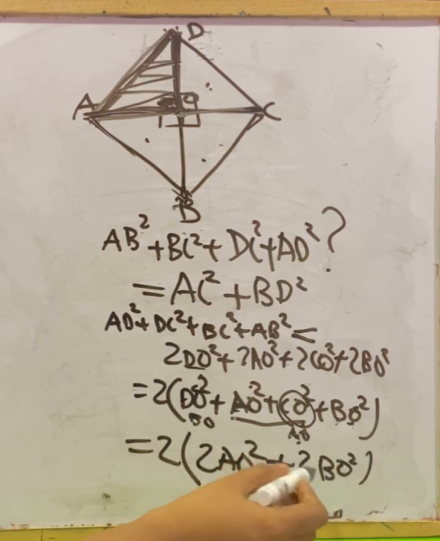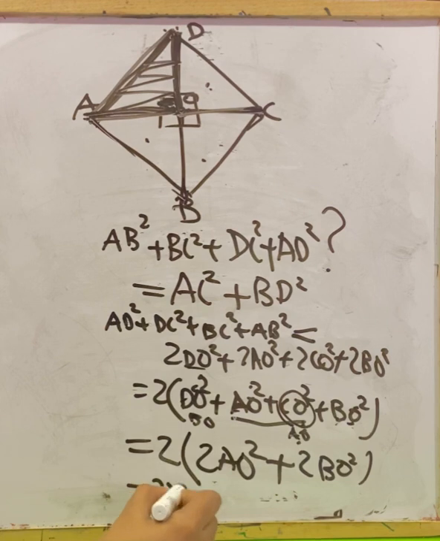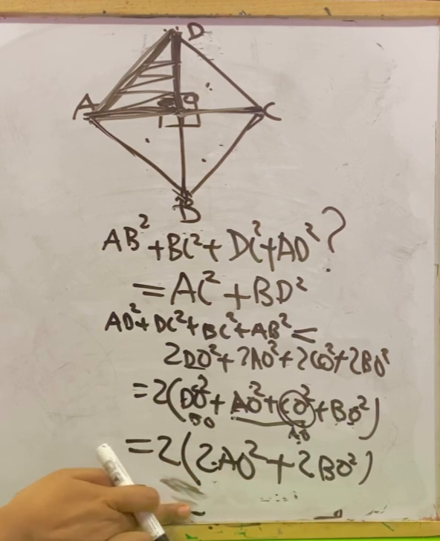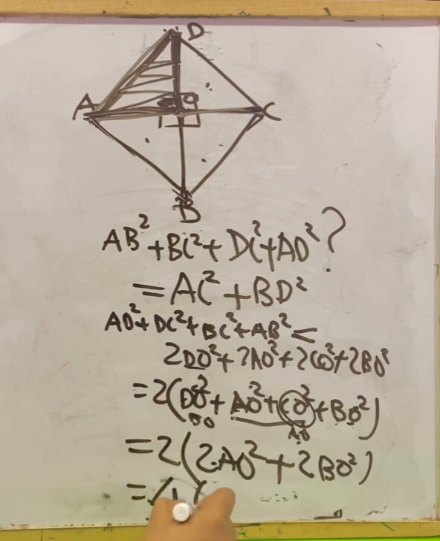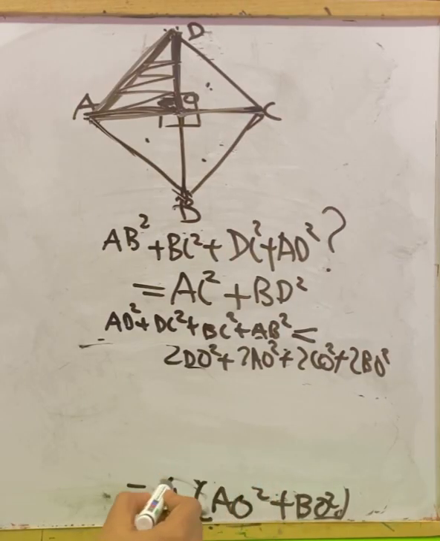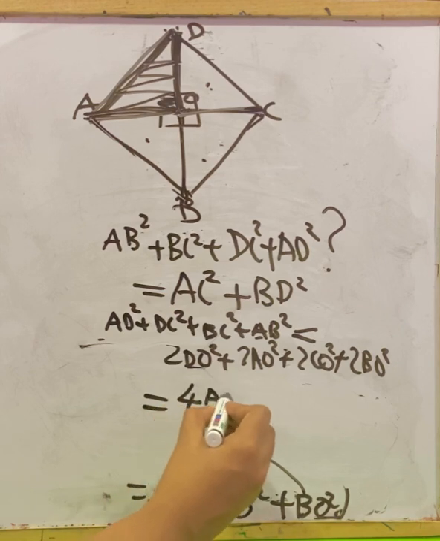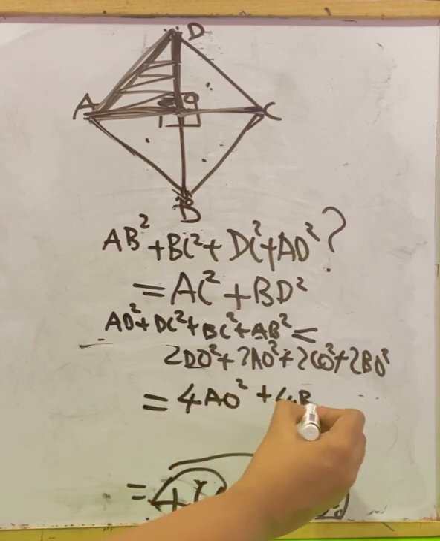Again we have 2 common, so we will take that 2 outside. So 2 into this 2 taken outside, 2 twos, we can write it as 4, and inside the bracket we have AO square plus BO square. 4 into AO square plus BO square, I am opening this, that becomes 4AO square plus 4BO square.